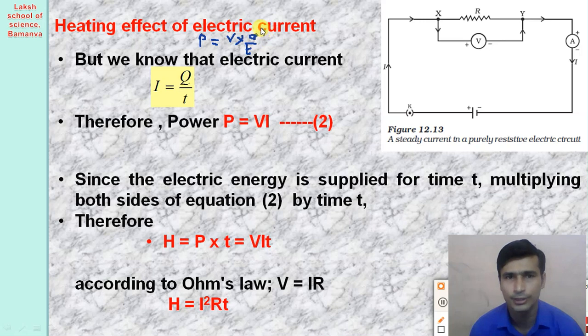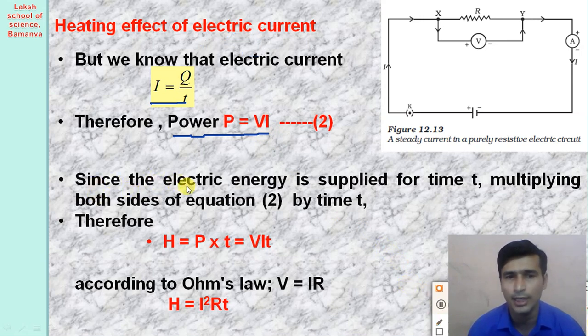By the definition of the electric current, I is equal to Q by t. So instead of Q by t, we write I. Therefore, we get the equation of the power P is equal to V into I. So the power delivered by the battery is equal to the product of the potential difference V and the electric current passing through the circuit.